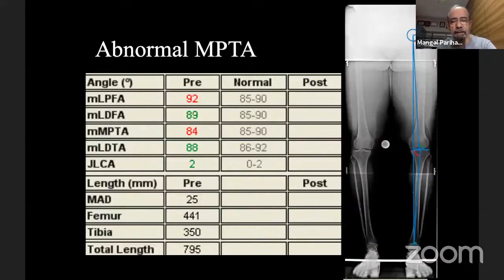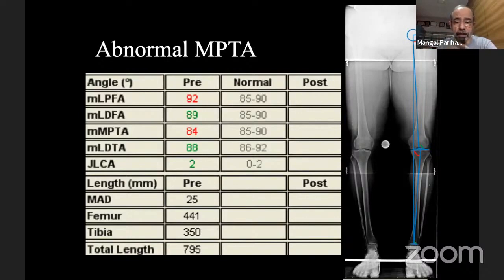Now look at this one. They all are varus, but this is a patient who has a normal LDFA, an abnormal MPTA, and the JLCA is normal. So this is a patient who will do well with just a tibial osteotomy, whether you do an open wedge or a closed wedge.